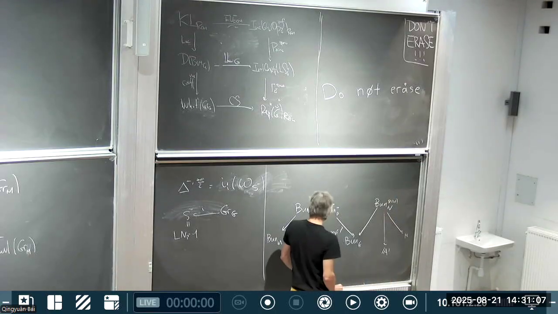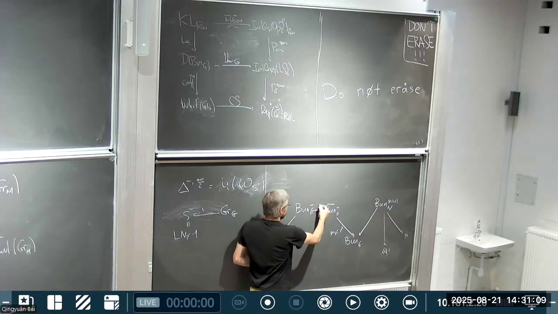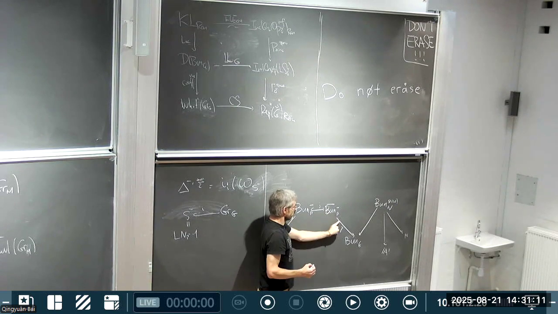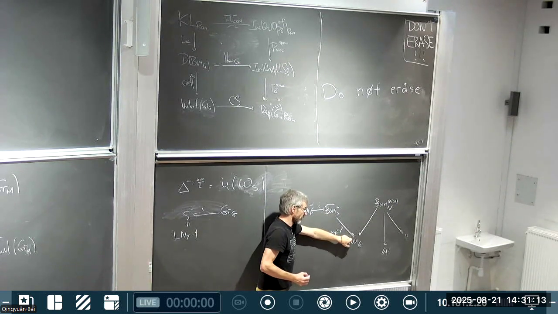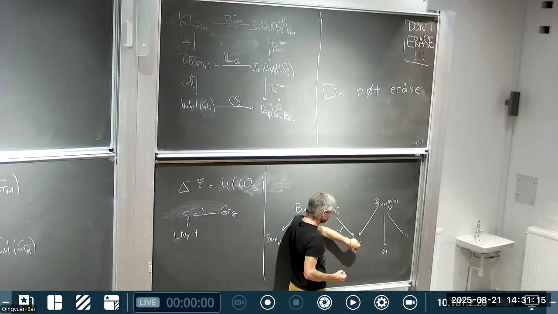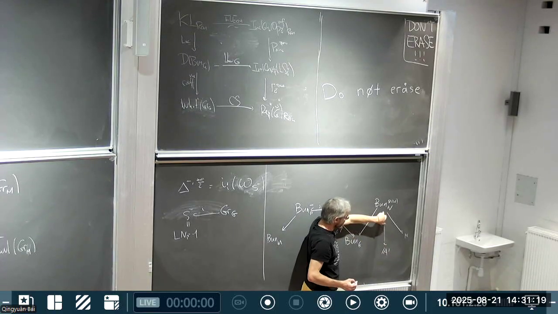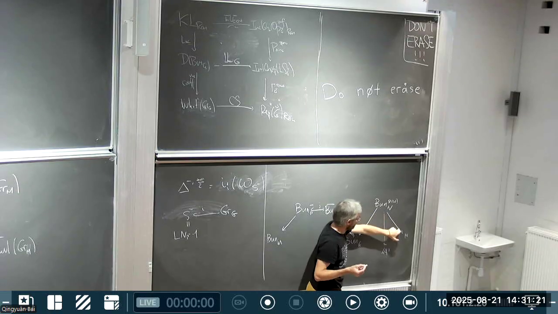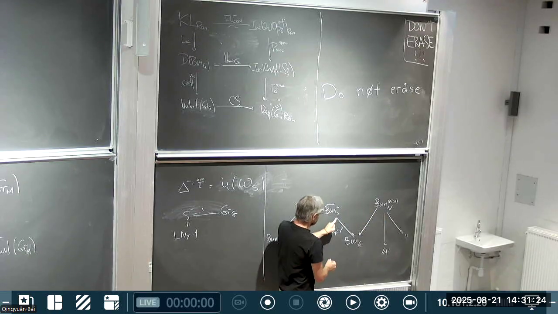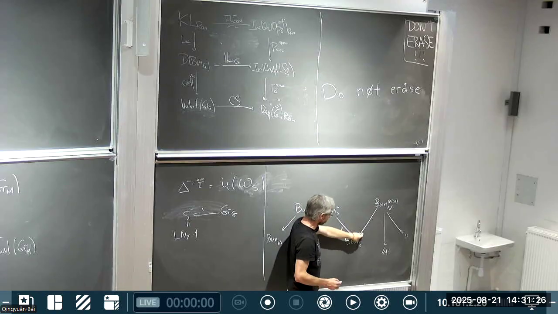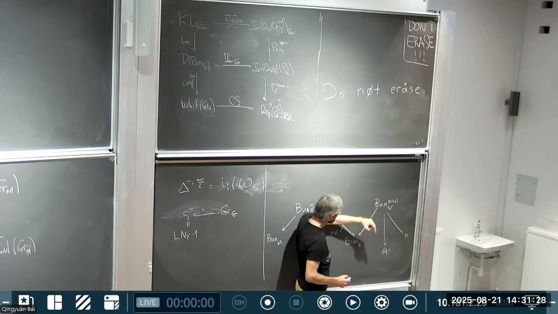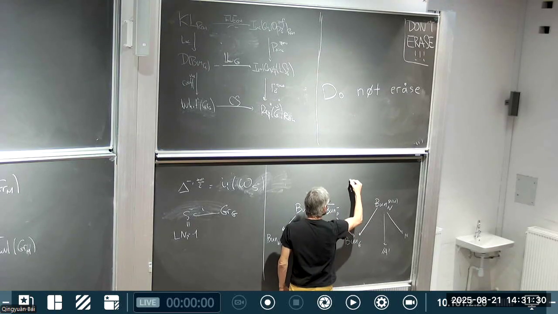So what you have to do: you pull back, you push forward along a proper map, you tensor by the inverse image of the exponential, and integrate. However, because it's proper, push forward and pull back, there's base change.